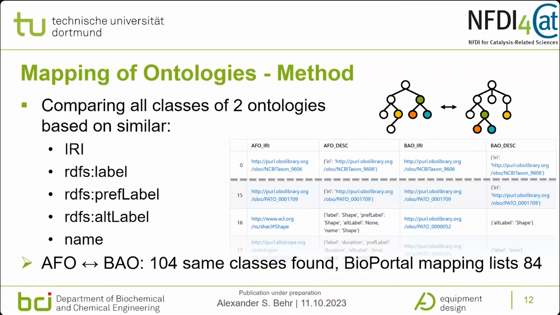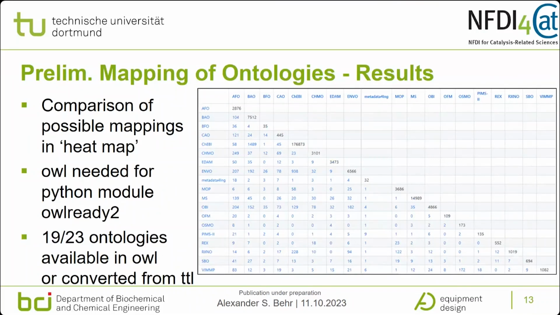Long story short, we found more mappings than BioPortal would find, but this is mostly because BioPortal does not use the most current versions of the ontologies, while we use the direct URLs to the ontology files, so we can use the most current version. We did these mappings for all combinations of in total 19 ontologies. You can find this on the GitHub page and click on each of these numbers, and then you will be redirected to the list of the mappings and why each mapping was chosen.